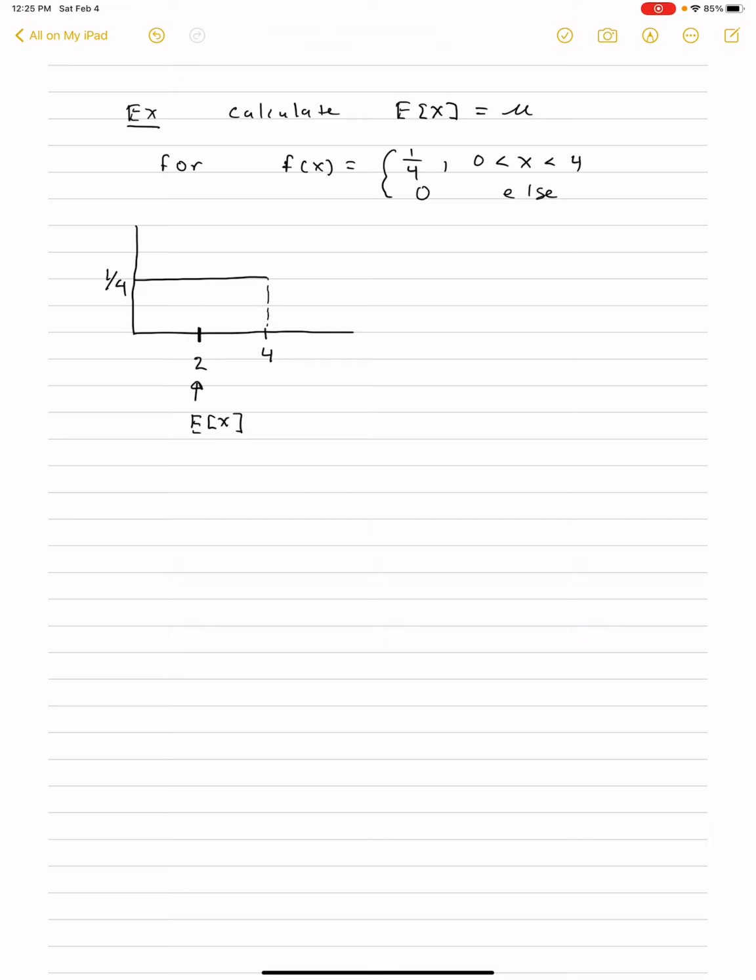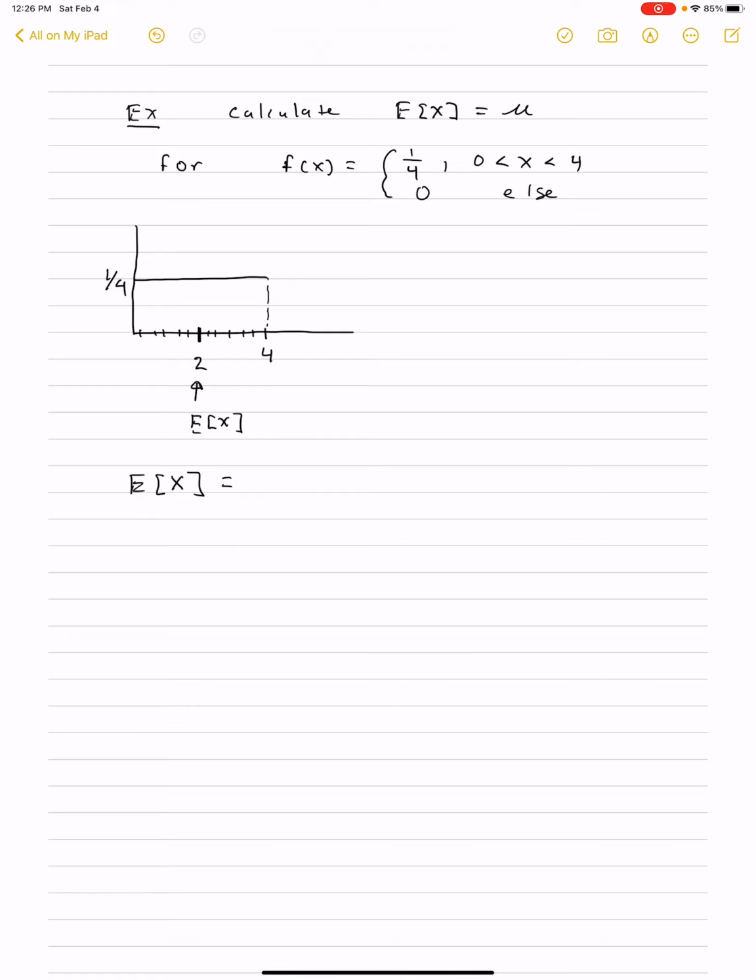Well, before, for a discrete distribution, we just summed up everything. We had the summation. But for a continuous distribution, well, there's lots of little things to sum up. Like I can subdivide these intervals into many different subdivisions and add it up.